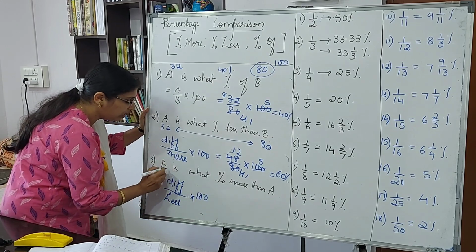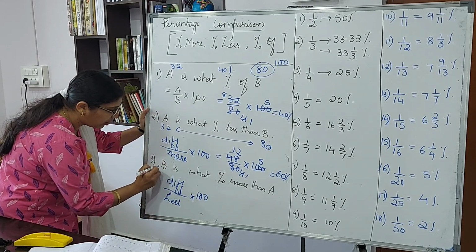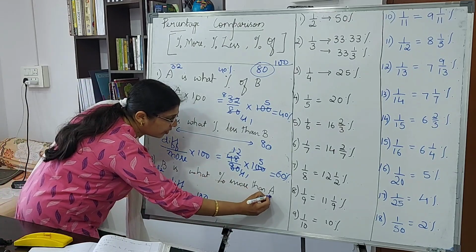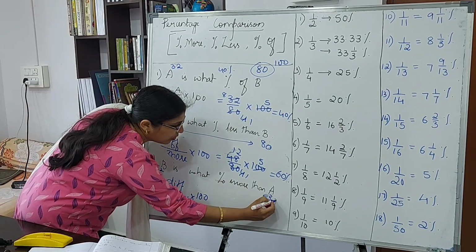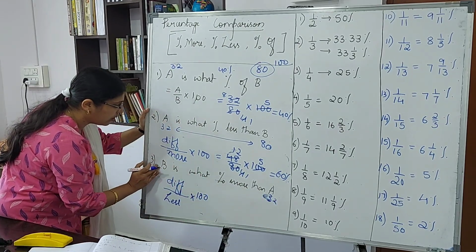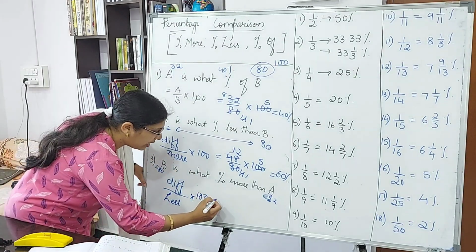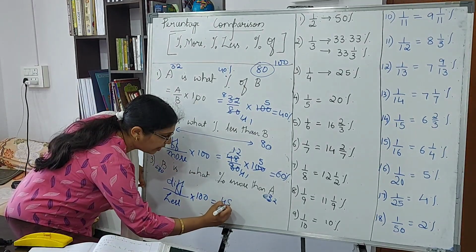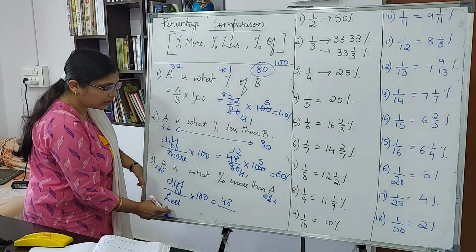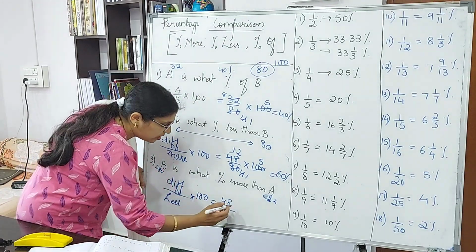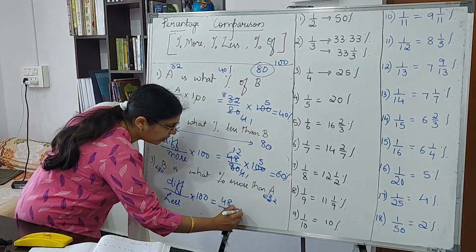So now same, if I take it as 32 and 80, the difference between 80 and 32 is 48, divided by less, which should come in the denominator. Less is 32, into 100.